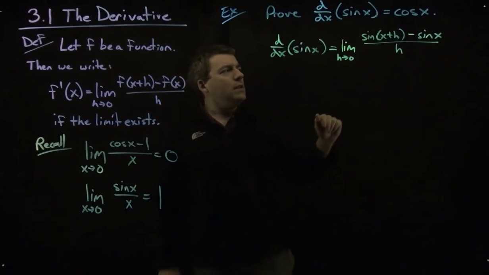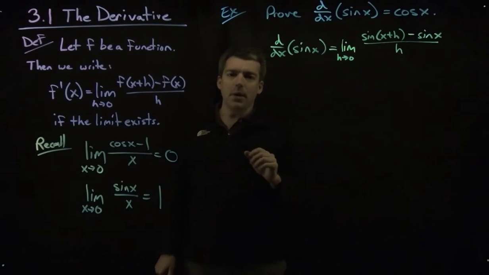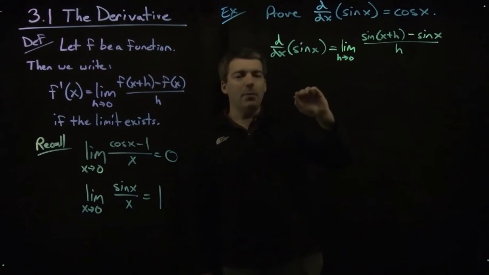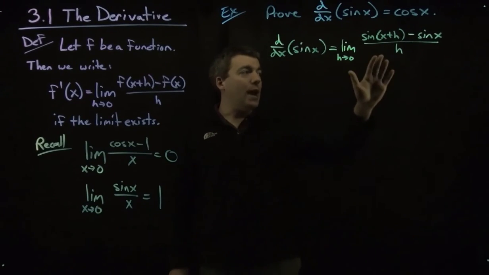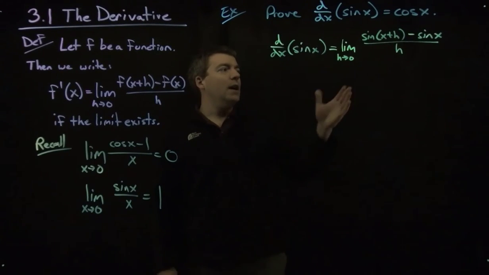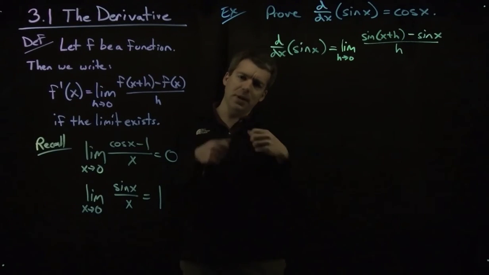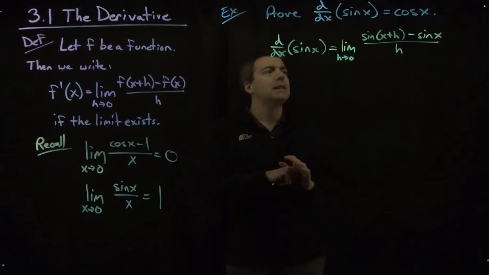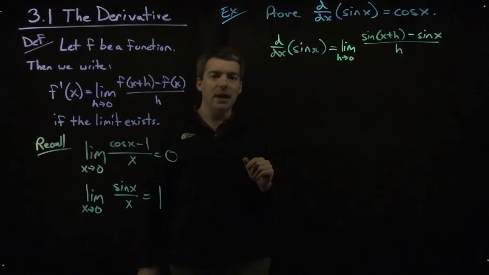So we need a way to simplify this, and if you watched the previous video, you know that when we had a polynomial, we multiplied everything out, some things canceled, and we were able to get rid of that denominator of h. We'd like to do the same thing here, except you can see that sine of x plus h doesn't really lend itself to being expanded in a polynomial sense, although we can do something to this sine of x plus h.